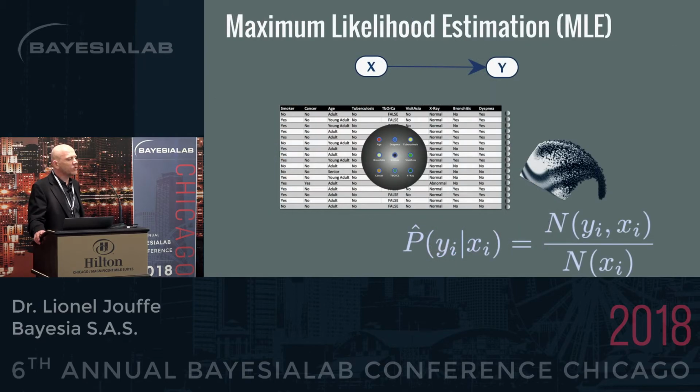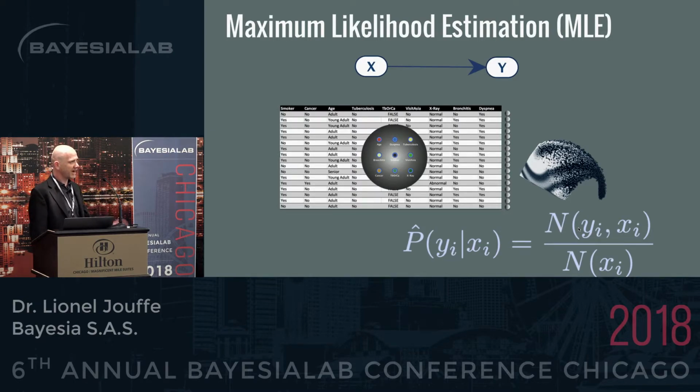And when we use structured data, we are using the maximum likelihood estimation for estimating the probabilities. So it's a purely frequentist approach here. We are just counting. If we want to estimate the probability of y given x, we just have to count how many particles we have with xi, yi divided by the number of particles with xi, right?